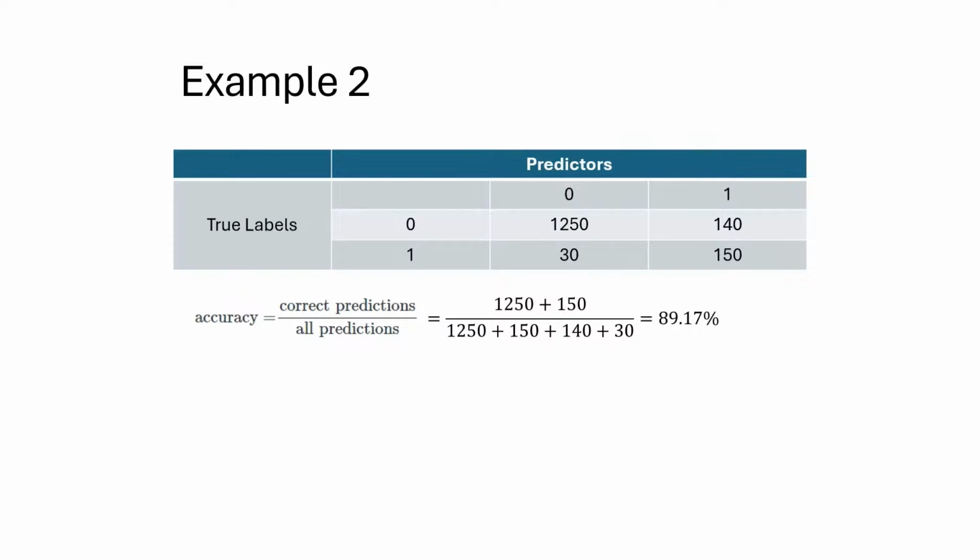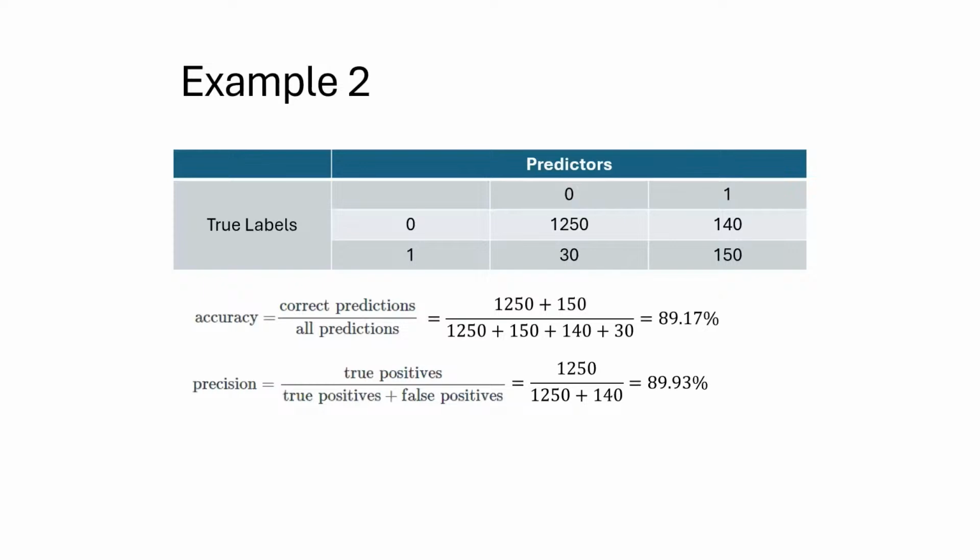The precision. About precision, do we still have something like 96%, or now does it drop down? Okay, now it goes down to the value of 89.93. So true positive is the same.